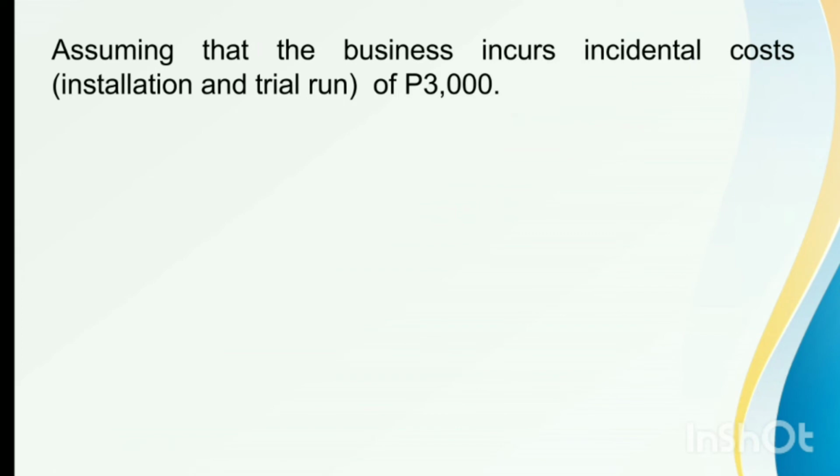So this includes not only installation and trial run, but also freight and handling, and testing, and etc. So these incidental costs are added to the cost of the machine. So this will be the journal entry in order to record the installation and trial run. So debit machine 3,000 pesos and then credit to cash 3,000 pesos.